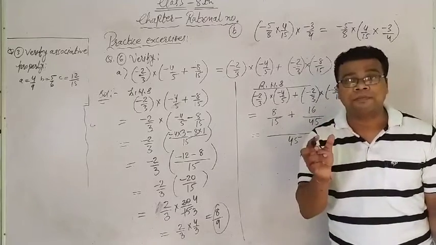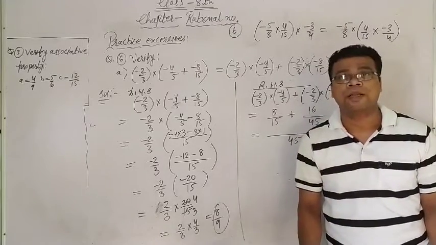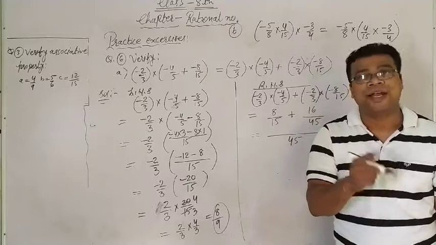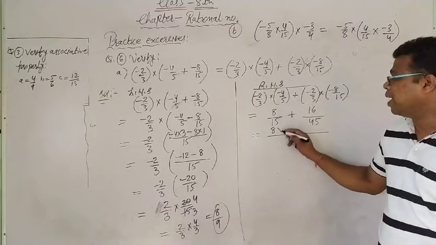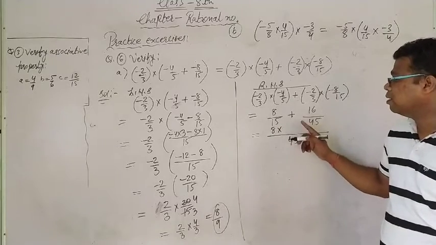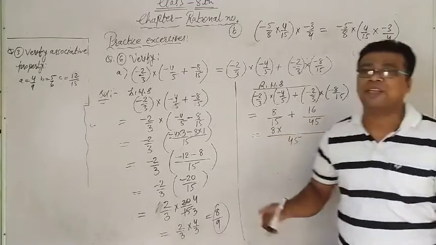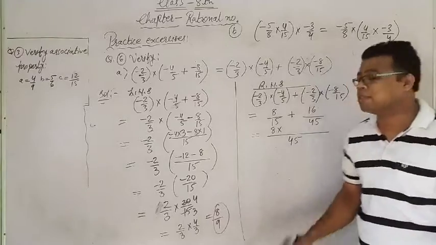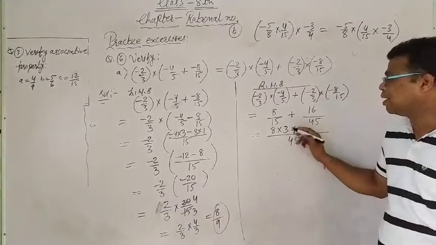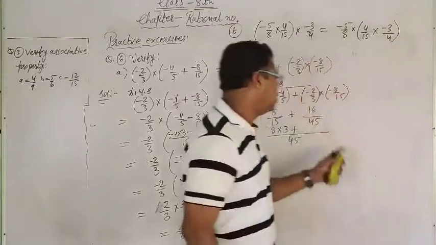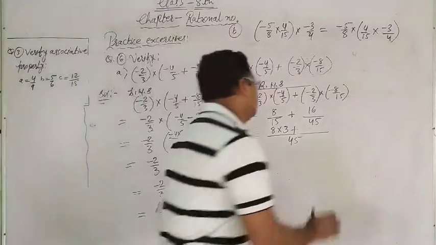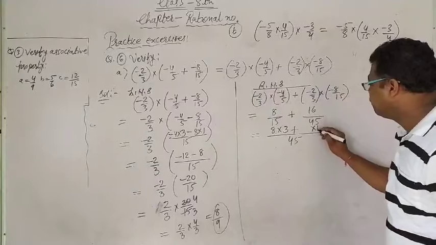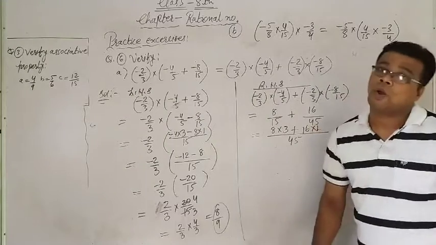It is a common term which comes in both tables and is the lowest, and that's why it is known as LCM. So 8 multiply with how many times, in the table of 15, how many times does 45 come? 3 times. That 3 we have to multiply here. Yes. Next thing, in the table of 45, how many times does 45 come? 1 time. So that 1 we have to multiply with 16.